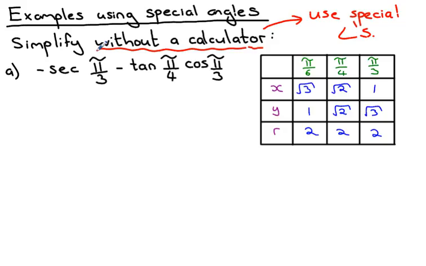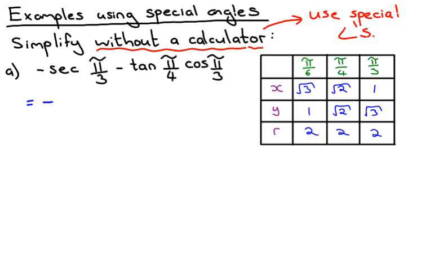We've got negative sec of pi over 3 minus tan of pi over 4 times by cos of pi over 3. Okay, I've got my little table there to help me remember my special angles. So if we have a look at this question, go one trig ratio at a time. I've got negative, so I keep my negative. Sec of pi over 3.